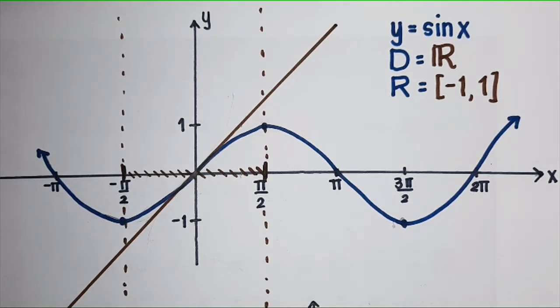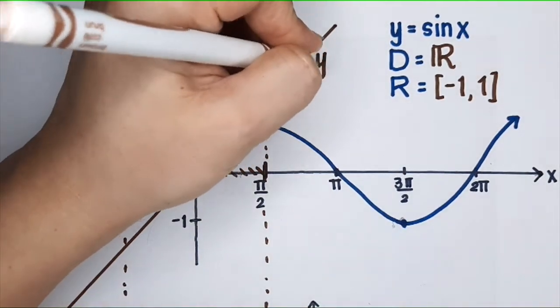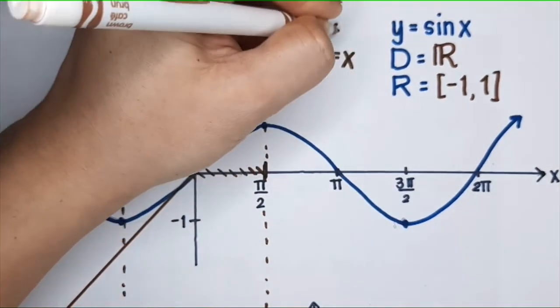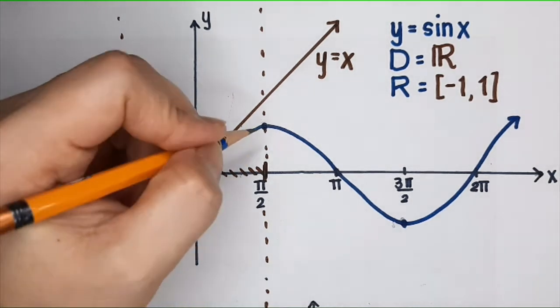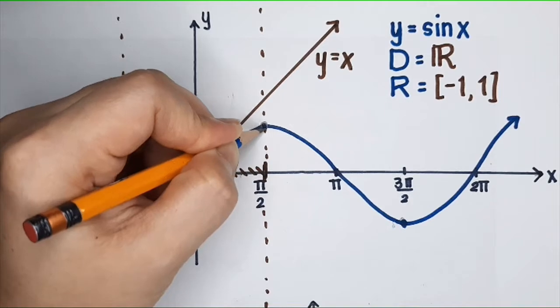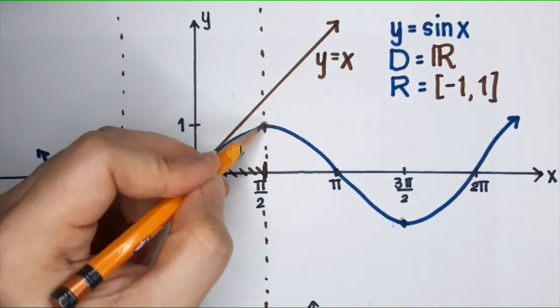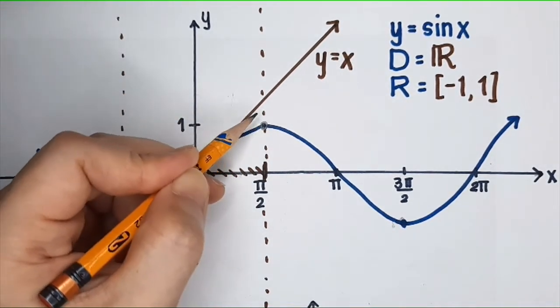Okay? Ang gagawin nyo, lahat ng graph na nakikita ninyo from -pi/2 to pi/2, i-reflect ninyo doon sa y equals x. Let me write. This is the line y equals x. Okay? O, mag-reflect tayo. Paano ba mag-reflect? Ganito. You see this point? Gagawa lang kayo ng line perpendicular to y equals x.